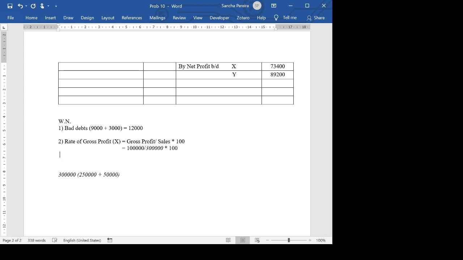So if you do this calculation, you will get 33.33%.